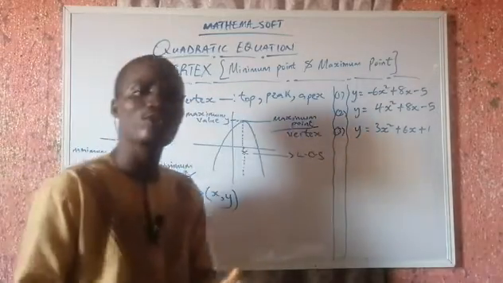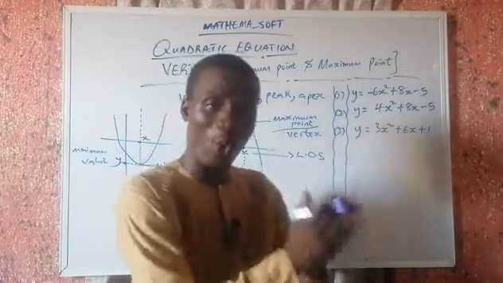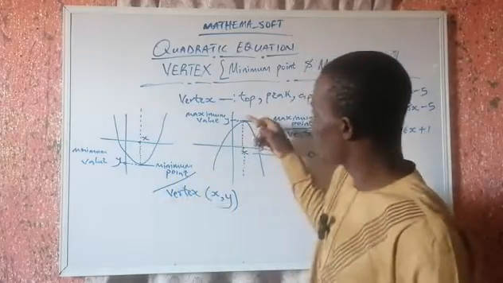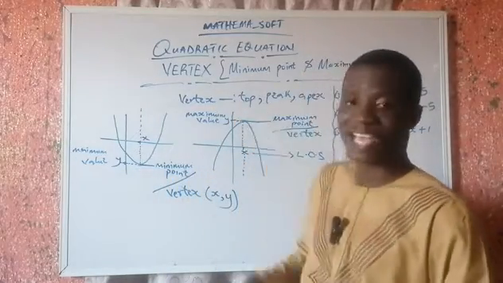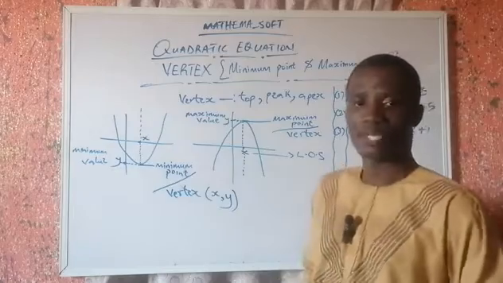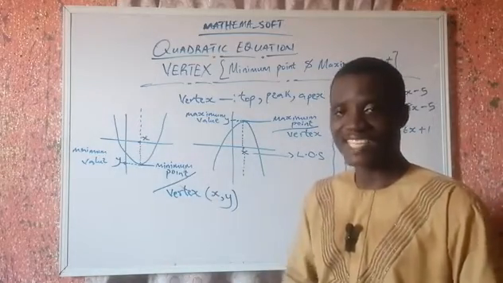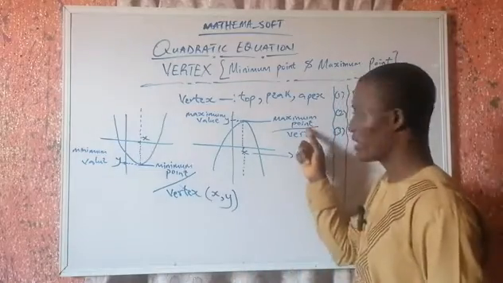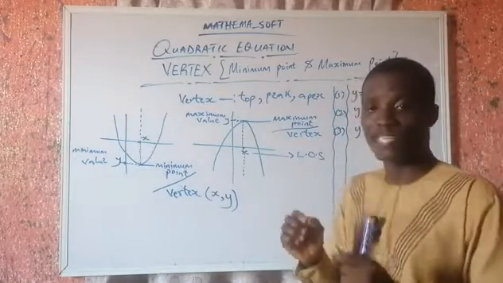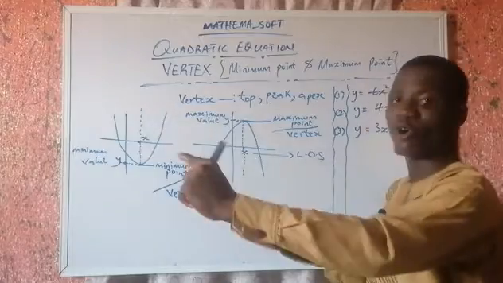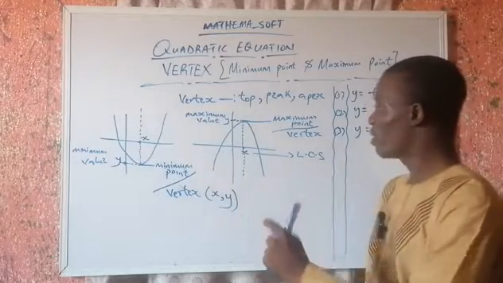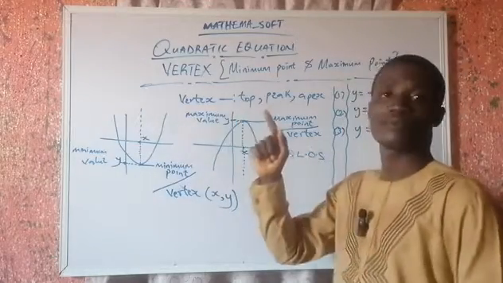The maximum value can only be gotten on the y-axis because that's the value that is traced to the y-axis from the peak, and that is why it is the maximum value. In this case, it is not called a maximum point. If we call it a point, it will have y coordinates and x coordinates. But in this case, it's just a value.